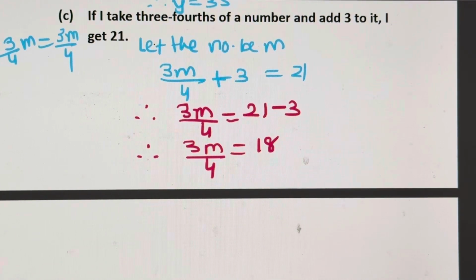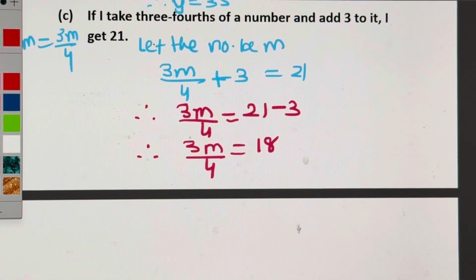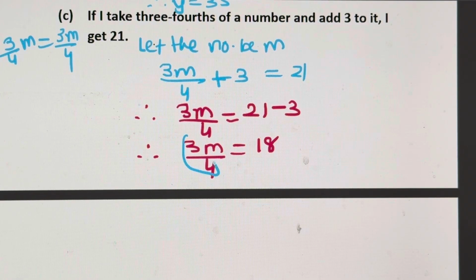In the previous video, I taught you that if it's a fractional number, you can transpose it together by writing its reciprocal. The reciprocal of 3 upon 4 is 4 upon 3. So we write m as it is on the left hand side, and 18 as it is on the right hand side, because we are not changing their position.